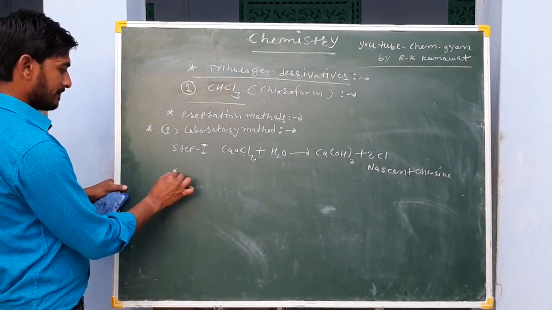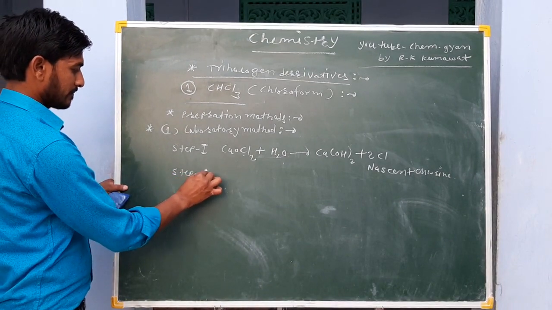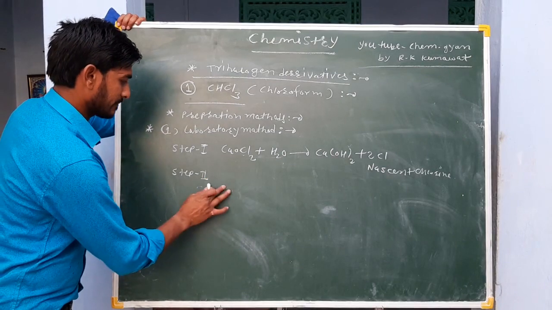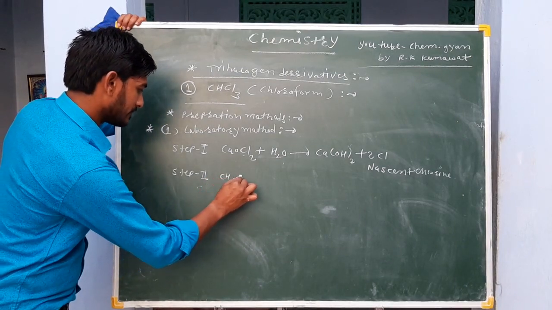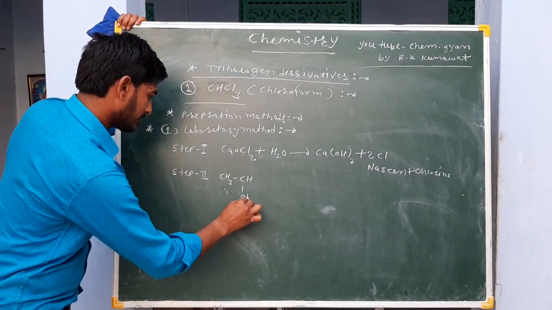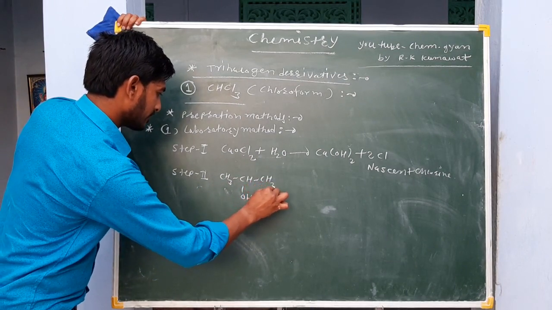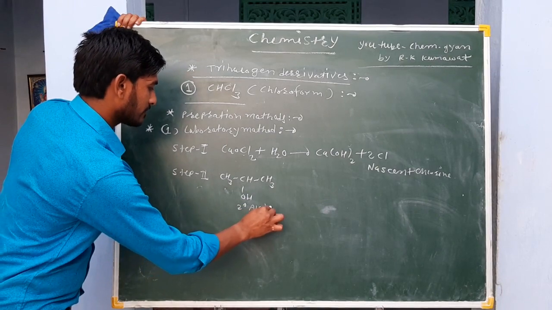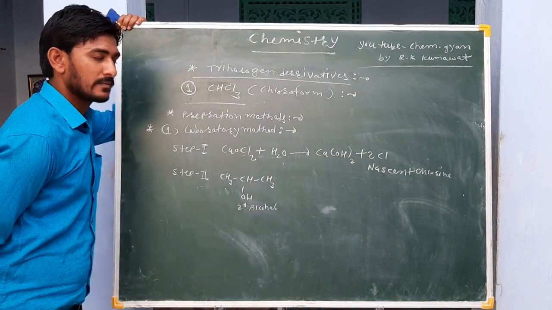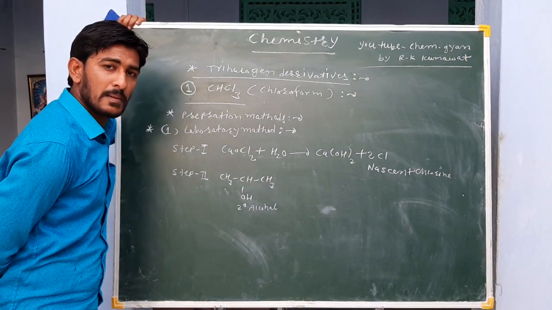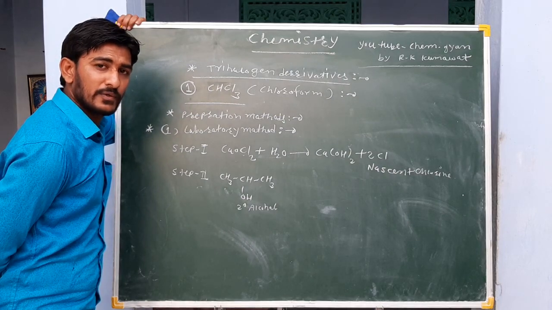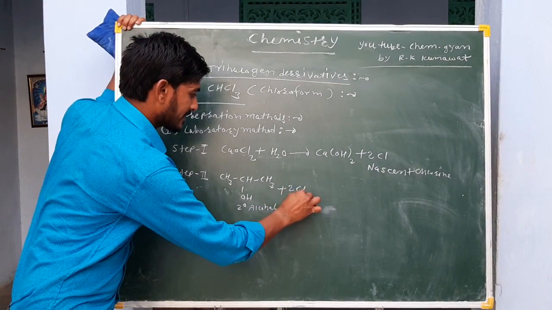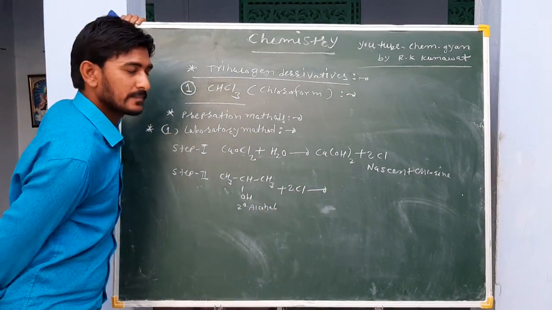Step second is: secondary alcohol, propanol or 2-propanol, reacts with nascent chlorine.